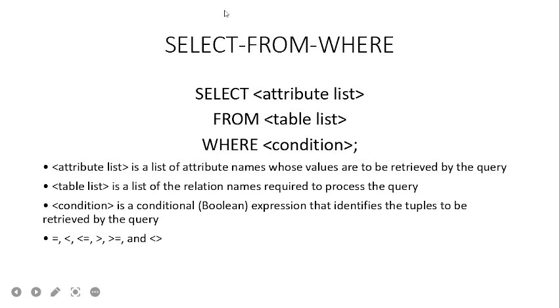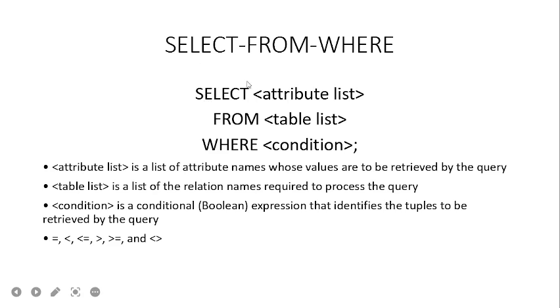Select from where is the most important retrieval query in SQL, and the syntax of select from where is like this. Select will be supplying an attribute list to be selected. So select is very different from select of relational algebra.